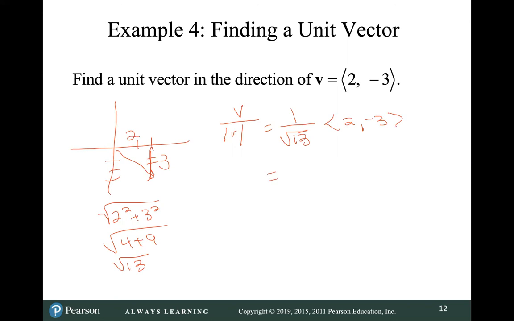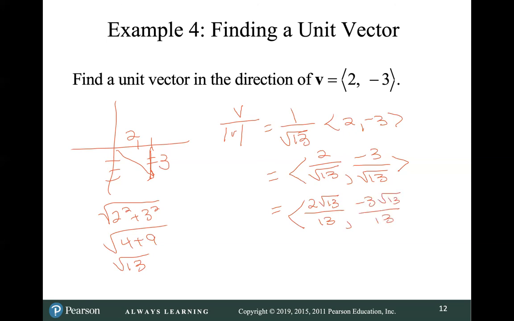So now we're going to apply what we learned for scalar multiplication. That gives us 2 divided by the square root of 13 comma -3 divided by the square root of 13. If we're being formal, we should rationalize, and you should always be formal. So that's 2 square root of 13 over 13, comma -3 square root of 13 over 13.